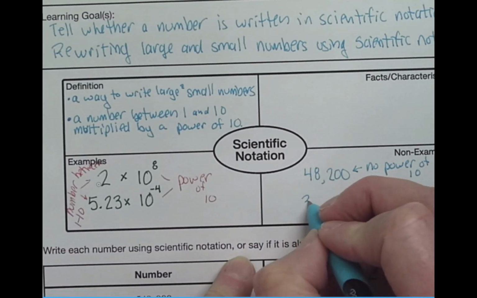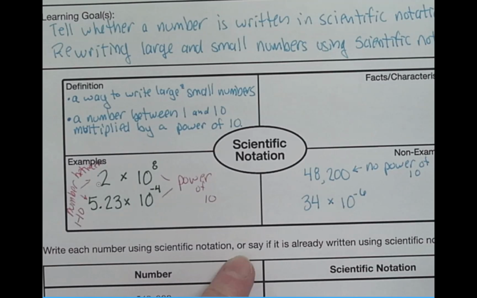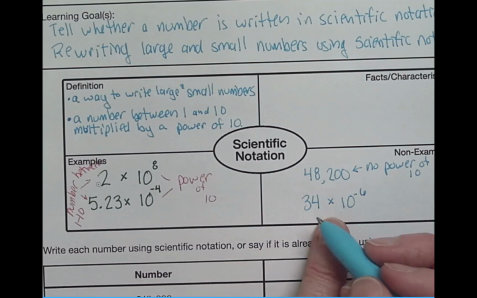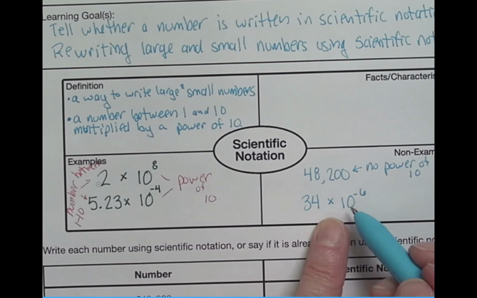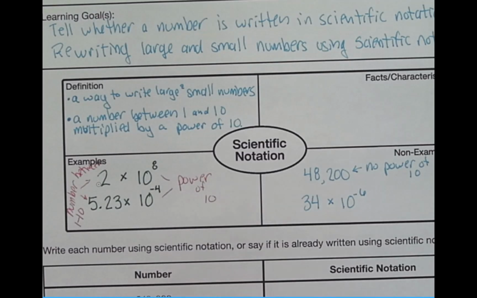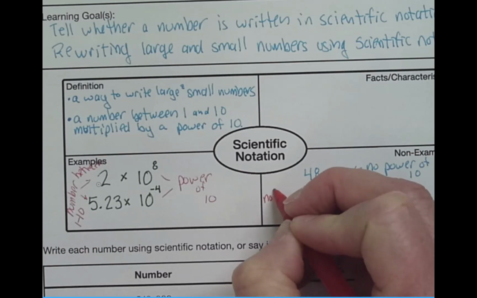What about 34 times 10 to the negative 6 power? Well, it looks a little better. I've got these two numbers being multiplied together. This one's a power of 10, but this one's not between 1 and 10.